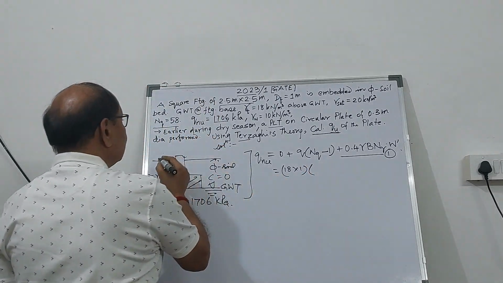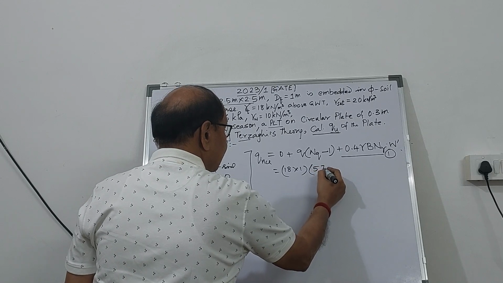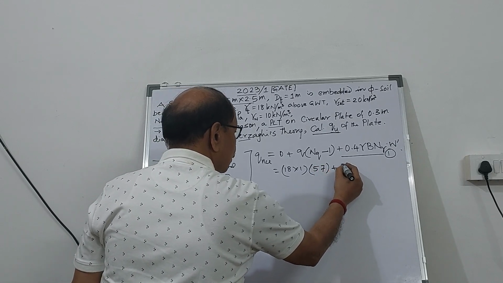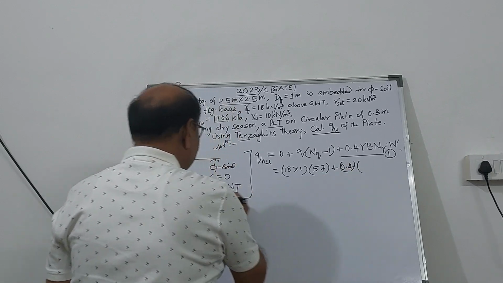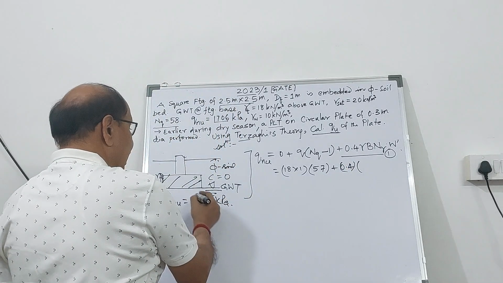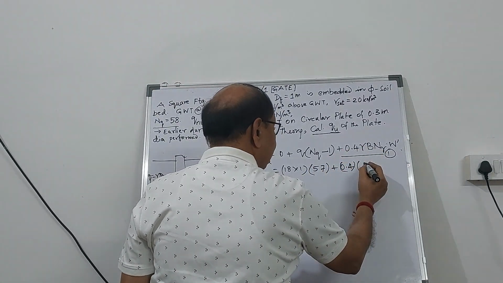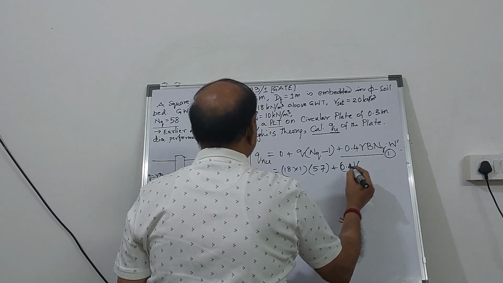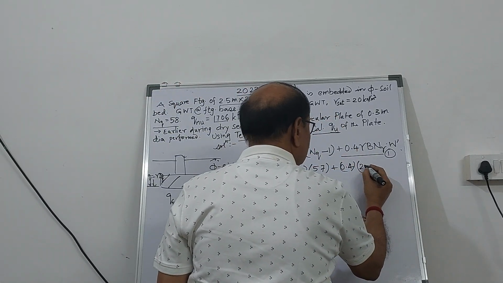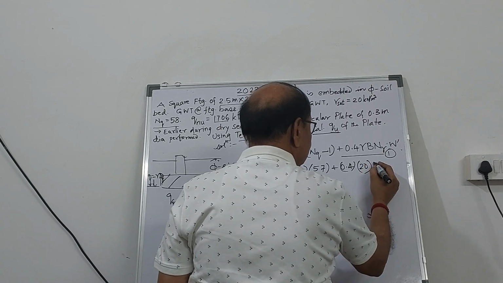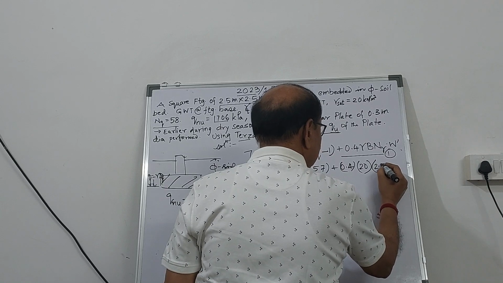NQ is already given as 58. So 58 minus 1 becomes 57, plus 0.4 for a square footing multiplied by gamma. This gamma is to be taken as gamma saturated, which is given in this problem as 20 kilonewton per cubic meter, and the width of the footing is given as 2.5 meter.